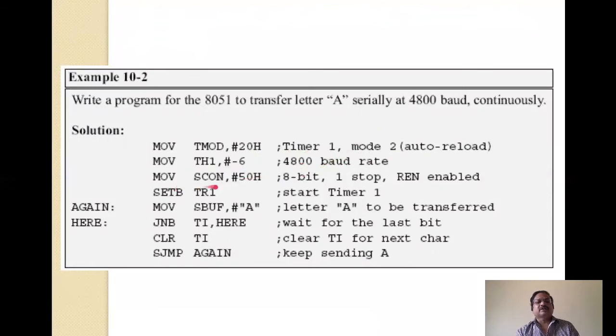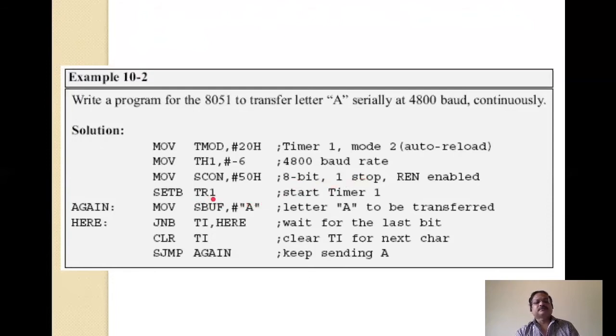Then the SCON register, we initialized with the value 50H. That is, we are going to use mode 1, in which we are going to transmit 8 bits along with one start and one stop bit.